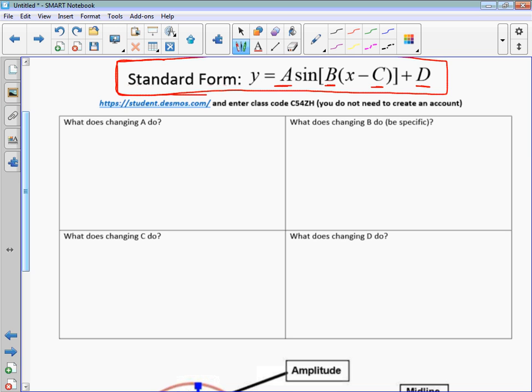Think about the review worksheet you did. What did a coefficient out in front do to your graph? Stretched it. So A will stretch or compress. It will vertically, so it's a vertical stretch or compression. And with the terminology from the bottom of your page there, what this will do is change the amplitude.